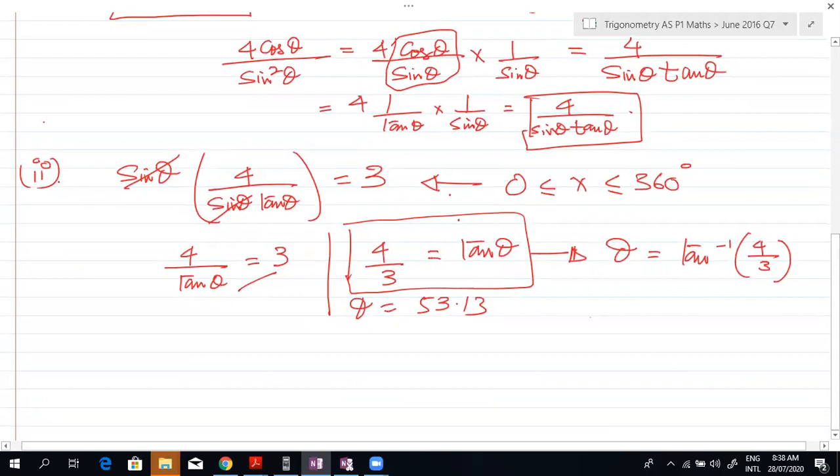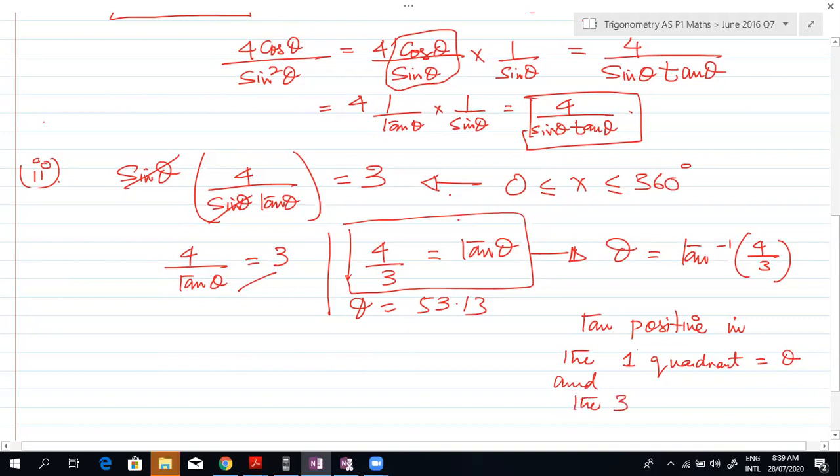Tan is positive in the first quadrant, which is just theta, and in the third quadrant. So this is the first and the third quadrant. What happens in the third quadrant is 180 plus theta.